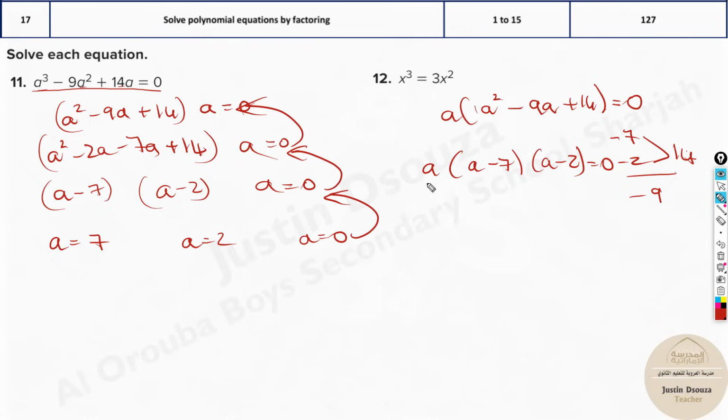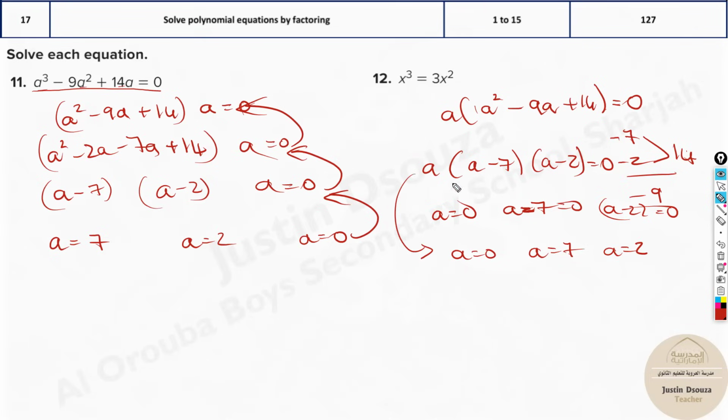And now what we do is, we individually equate them to 0. a is equal to 0 is the first term, a minus 7 is equal to 0 the second term, and a minus 2 is equal to 0. So basically a is equal to 0, a is equal to 7, and a is equal to 2. You can directly write from here too, that's also fine. So this is technically how we do it. And from here also you can use mode 5-3 on the calculator, get the factors and solve it.